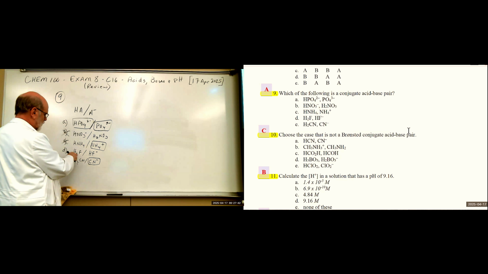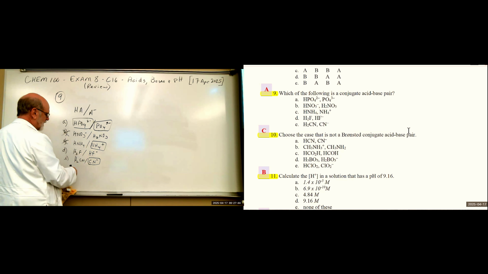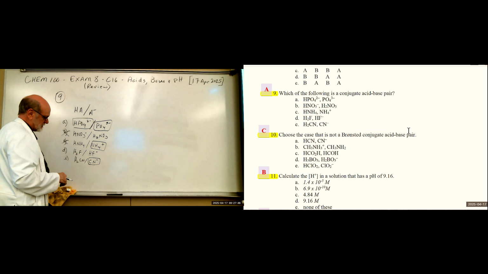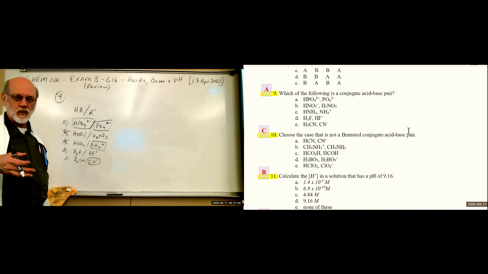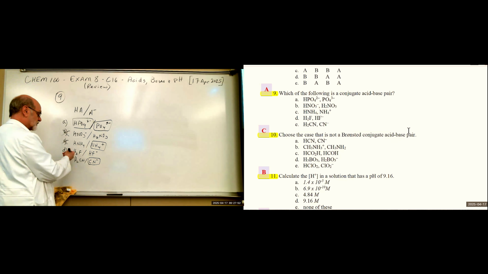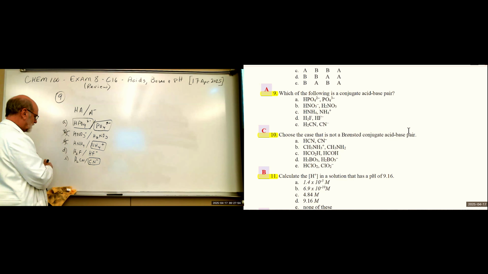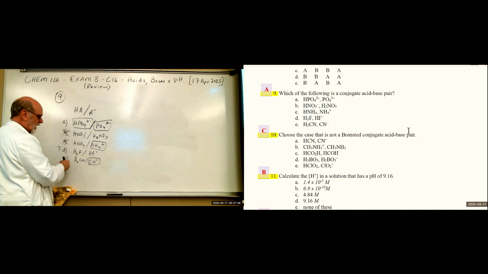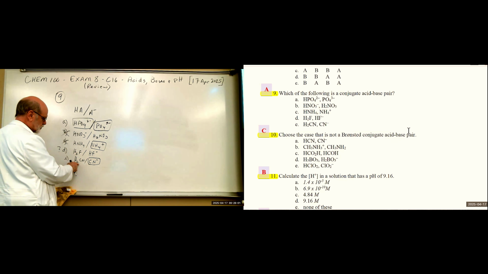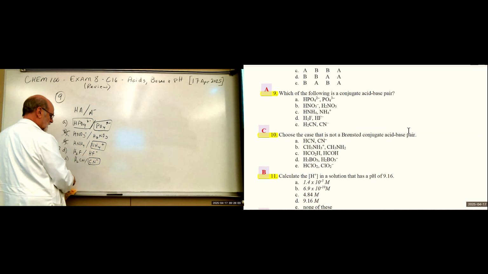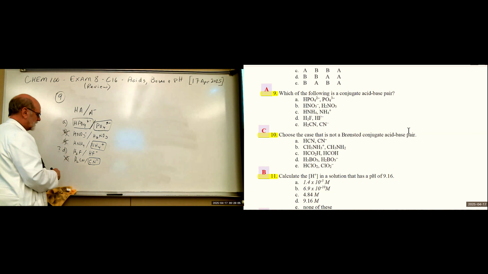If we take one hydrogen away, then HF minus, right? If we're just being technical about it and not worrying about the chemistry, that's possible. The problem is neither one of those exist. And this one has lost 2 hydrogens. So this one can't be it either.